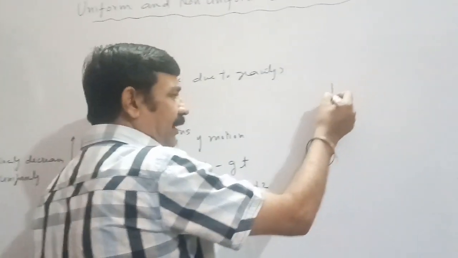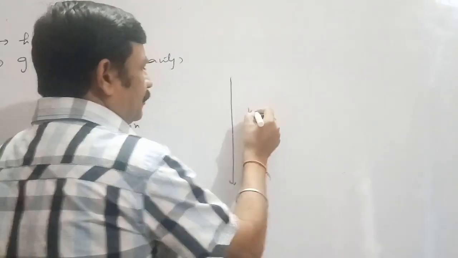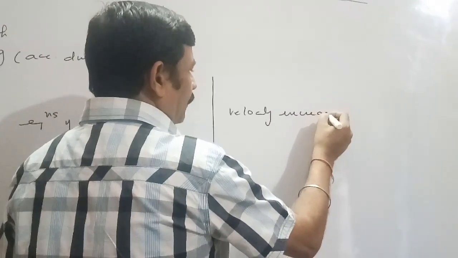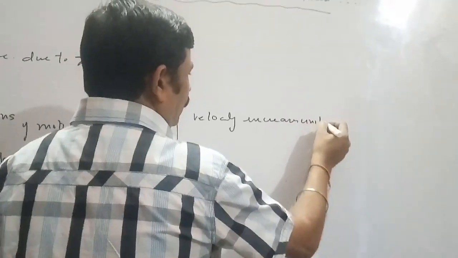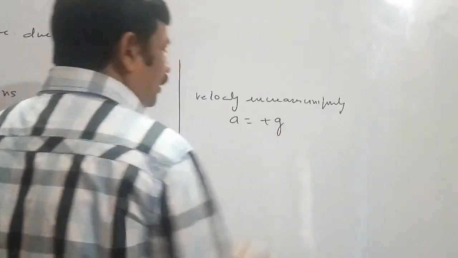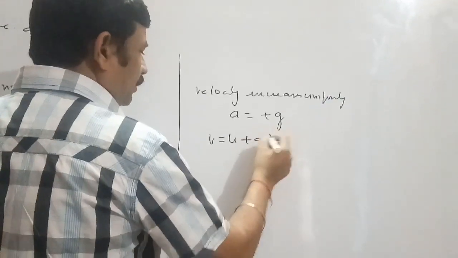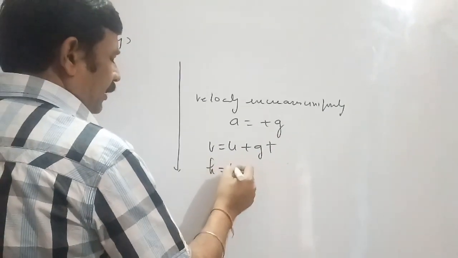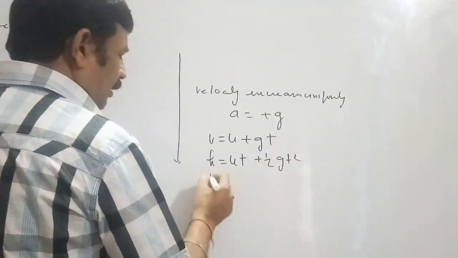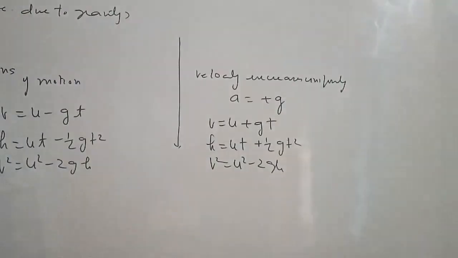When from a certain height the body is released in a vertically downward direction, velocity increases uniformly, means the value of A will be plus G. So the equations of motion will be V is equal to U plus GT, H is equal to UT plus half GT square, and V square is equal to U square plus 2GH.